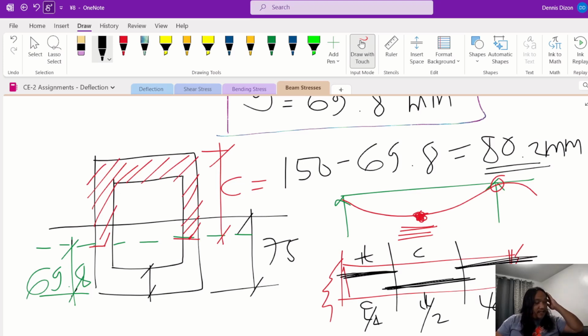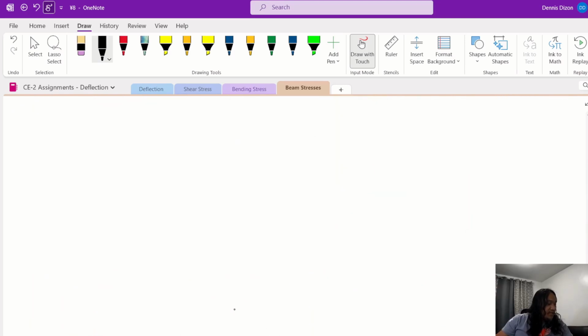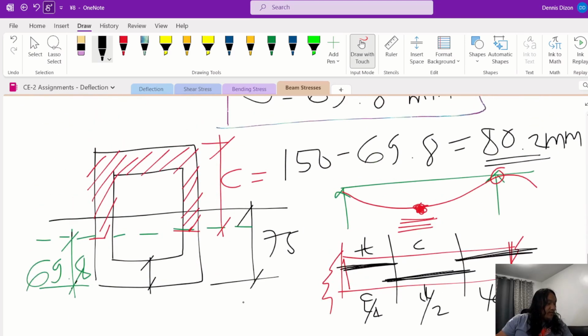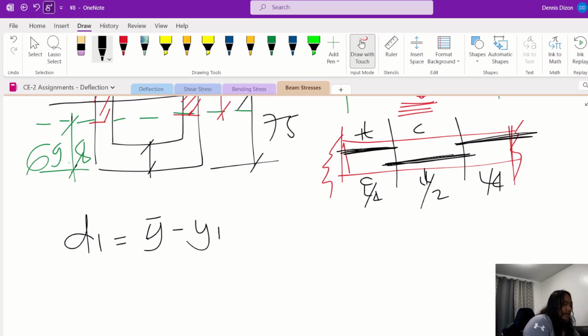Now, to get the moment of inertia, we will transfer. We will get the distance 1, the distance from the neutral axis to the center of the segment. So D1 is equal to barred Y minus Y1, and then take the absolute value.